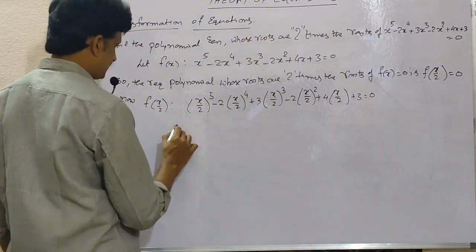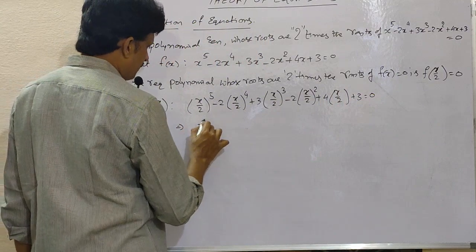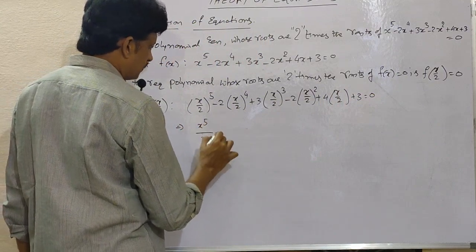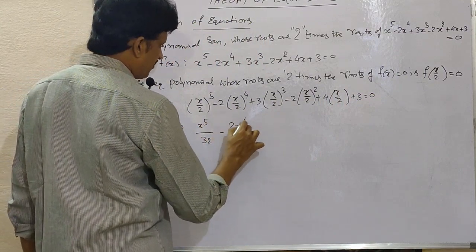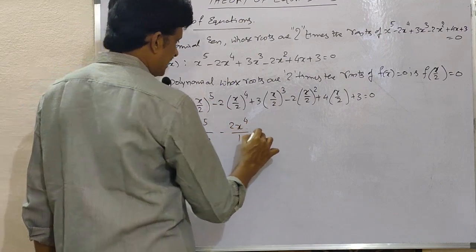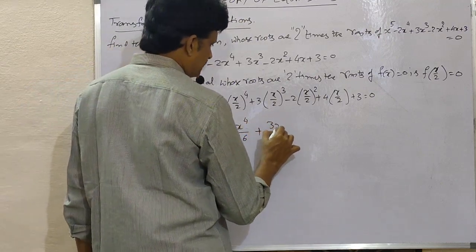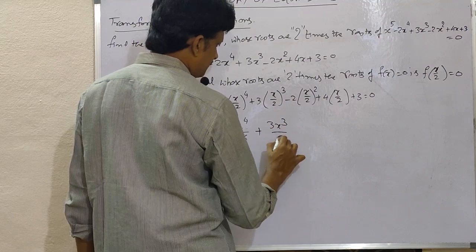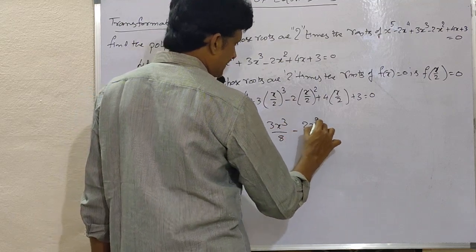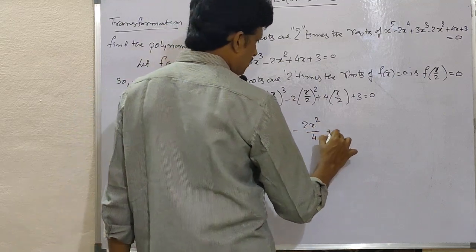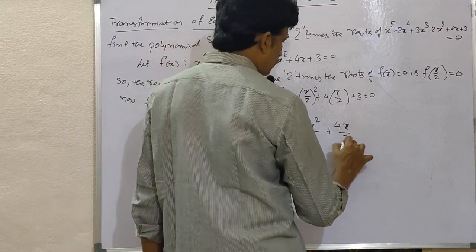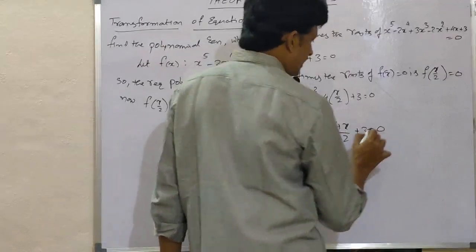Just simplify this. This is x power 5 by 2 power 5 is 32 minus 2 into x power 4 by 2 power 4 is 16 plus 3 into x cube by 2 cube is 8 minus 2 into x square by 2 square is 4 plus 4x by 2 plus 3 is equal to 0.